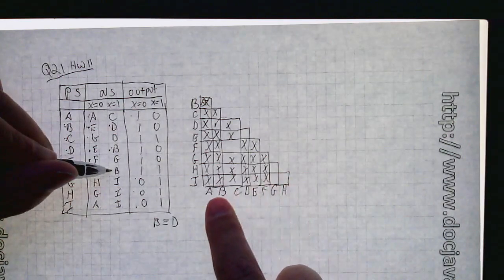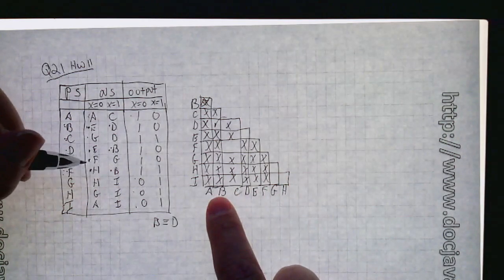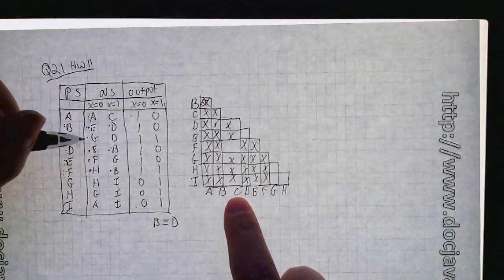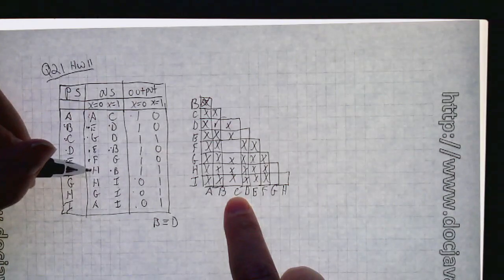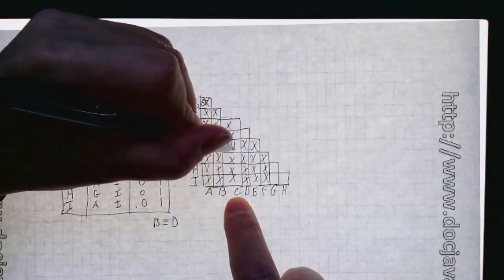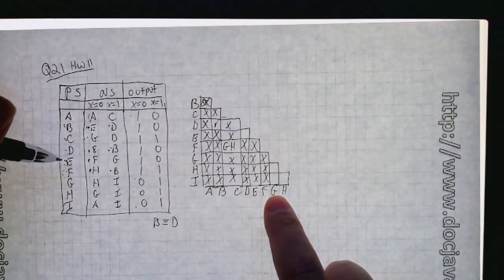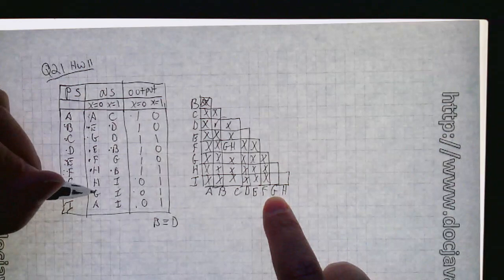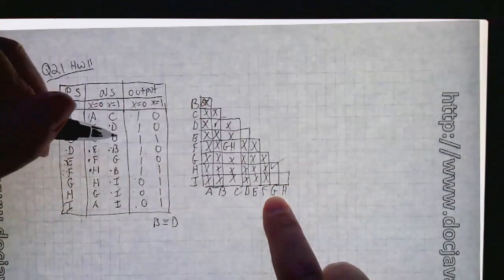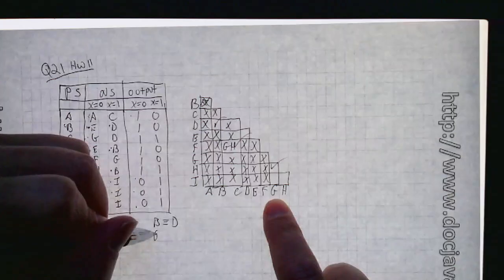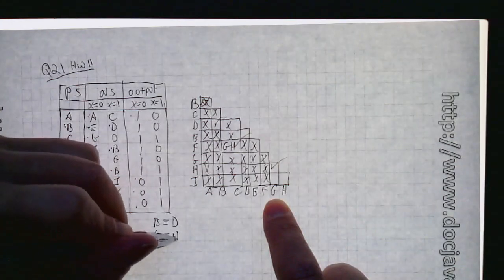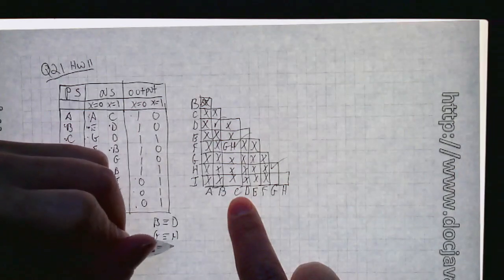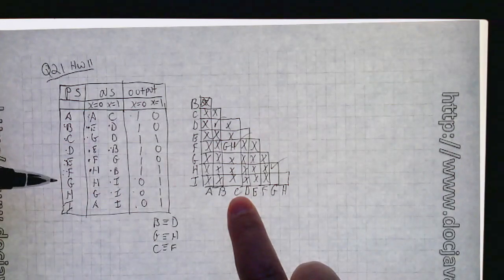And if B is equivalent to D. Oh, so really we know B is equivalent to D. We're looking at C equivalency to F, and we want to see if G is equivalent to H. So let's do a deep dive into G equivalency to H. G is equivalent to H if G is equivalent to H, and if I is equal to I. Hey! So that's good, and that means this is good. So now I have G is equivalent to H, and I have C is equivalent to F. So those are all good matches right there.